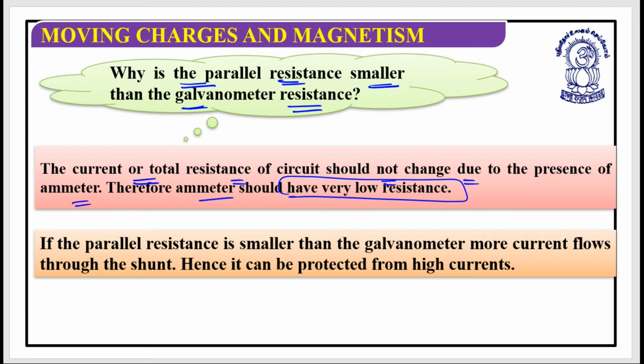And if I want the ammeter to have very low resistance, then the parallel resistance should be much smaller than the galvanometer, because more current flows through the shunt, and thus my galvanometer can be protected from high currents. Yes, this is what we have discussed at the very beginning. I hope this is clear.